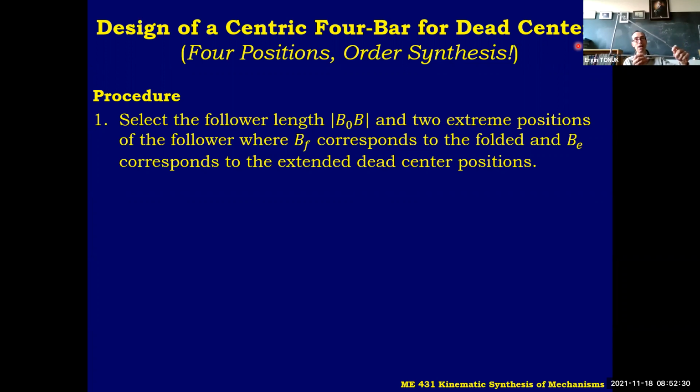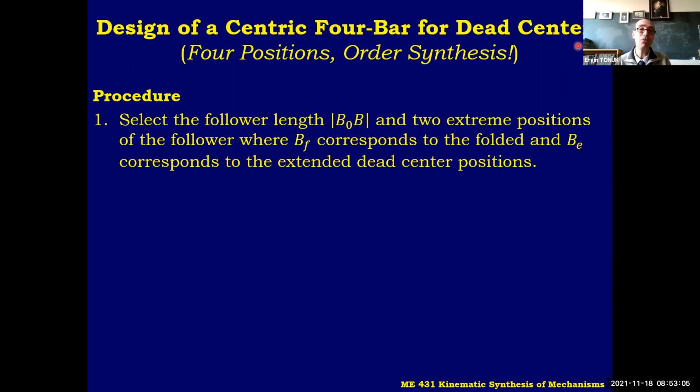It's one of the dead centers, and this is the other one. So what I'm doing is, at each of the dead centers, I'm specifying the position and the velocity, which is the derivative. So each of those dead centers are 2 infinitesimally separated positions. That's why this is mathematically 4-position synthesis, but you could also call it, if you like, 2-position synthesis. That's why I would like to cover it here.